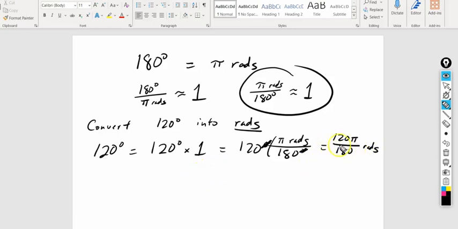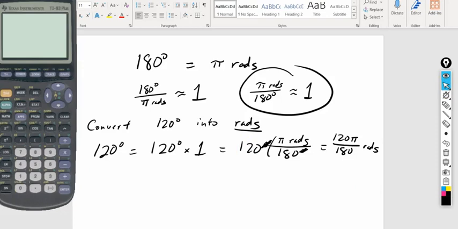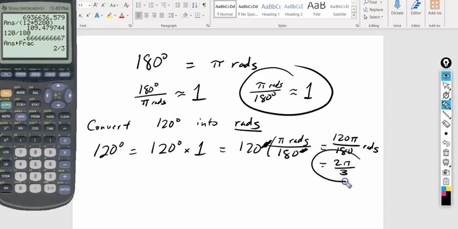If you want to get that in lowest form, 120 divided by 180, you can do that in your calculator. So 120 over 180 reduces to 2/3. So this is going to reduce to 2 pi over 3 radians, or just 2 pi over 3.